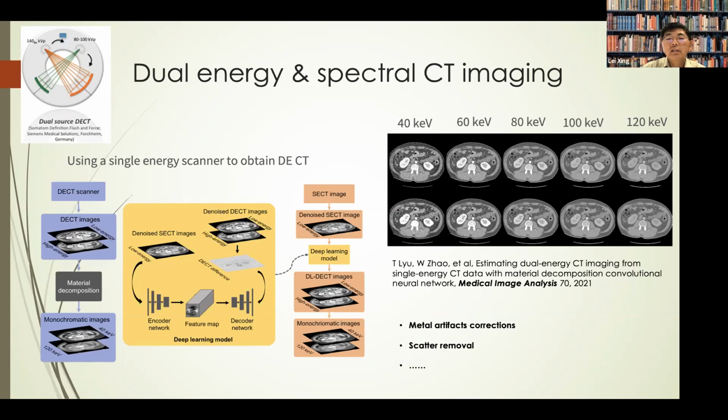So even if you see something there, you can't tell if it's a calcification or a kidney stone. With a dual energy CT, you can actually differentiate that, because that allows you to know the material composition. Calcification and stone have a different composition. But that's just a simple example.